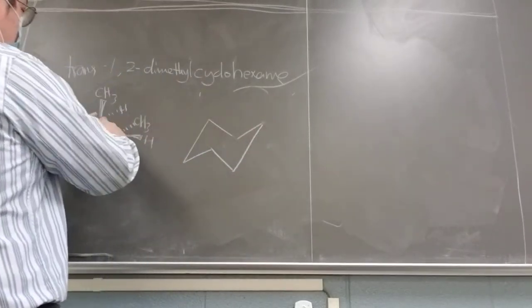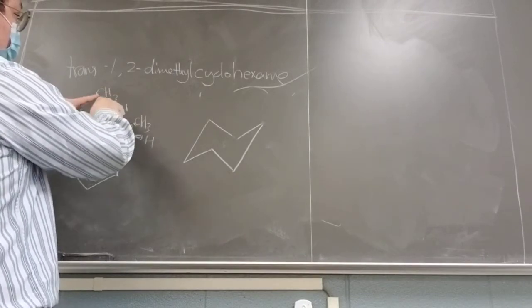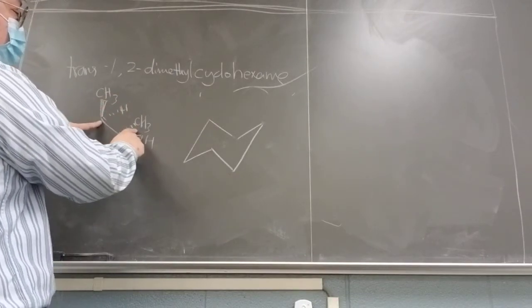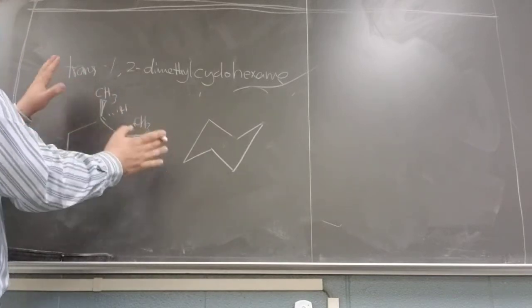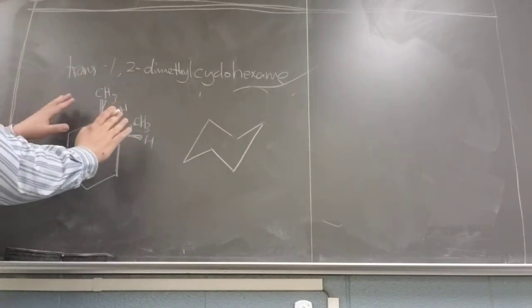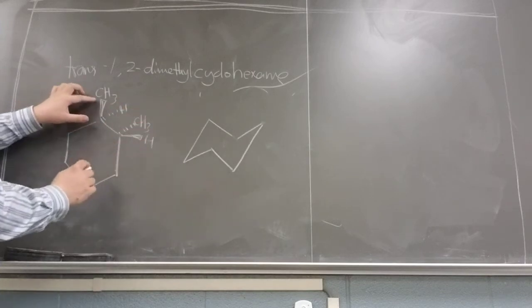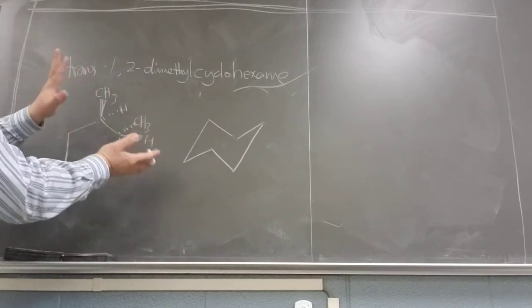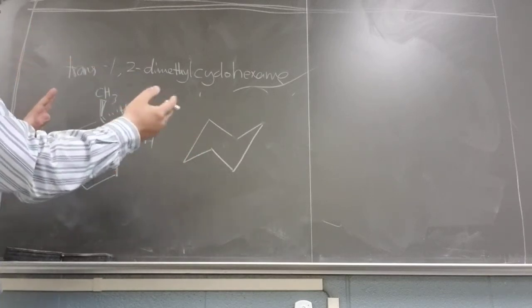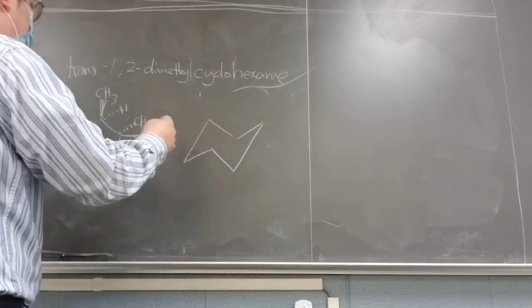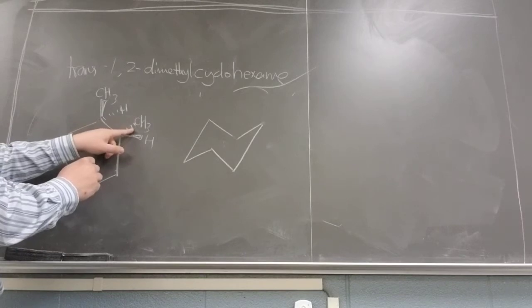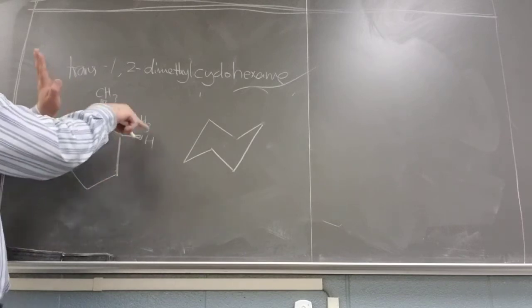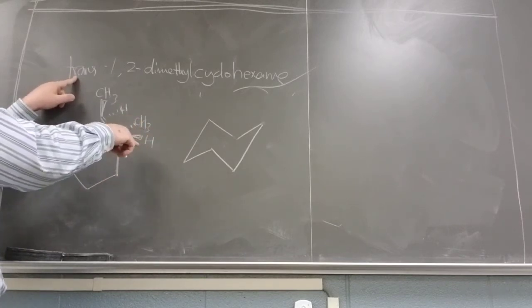So this is up here, right? This is up, but this is on the down position. It doesn't matter. If you flip it, it could be down and up, but it doesn't really matter. So you can choose, this will be up, down, that's okay. Because as long as it's on different sides, no matter what, you call this one up or down, flip it, it's the same anyway. So let's put this in the up, then you have to put this on the down position, right? Because they're now on different sides, because trans.